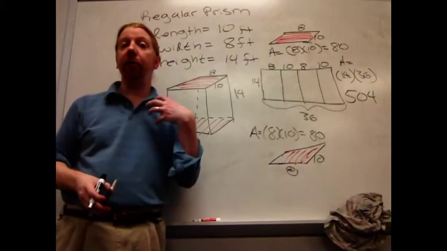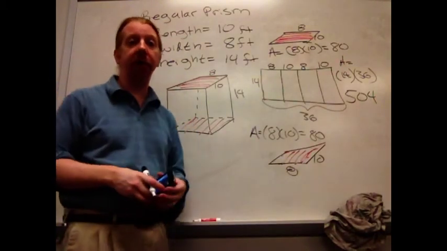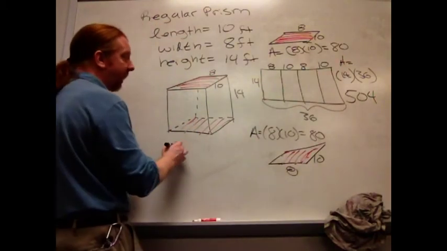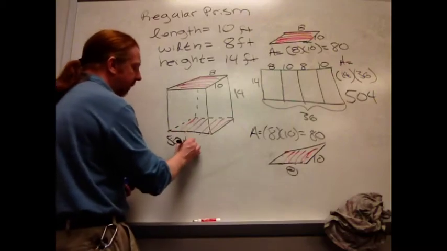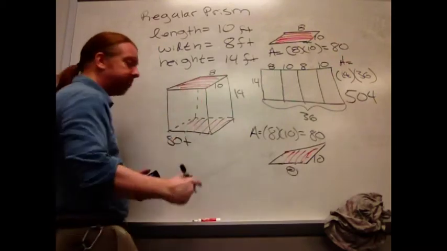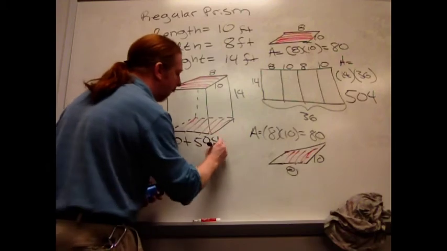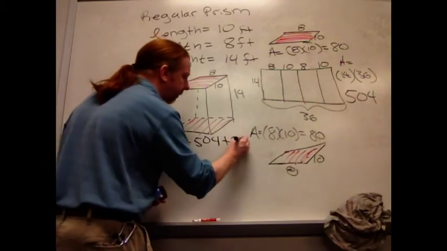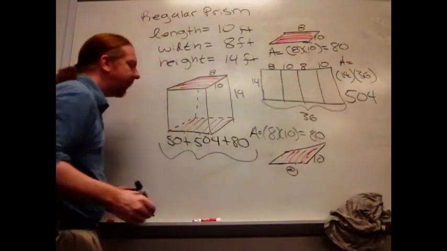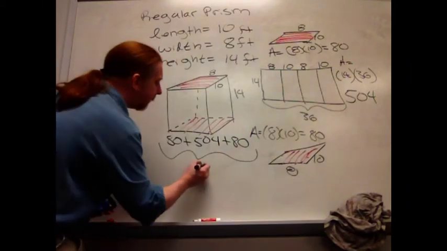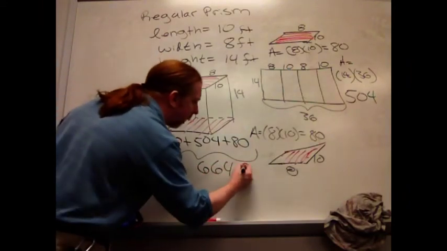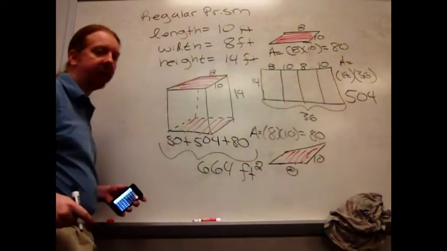So when I talk about the surface area for this object, I'm going to take my top, which is 80, my wraparound piece, which is 504, and my base, which is 80, and add those all together. And I end up at 664 square feet.